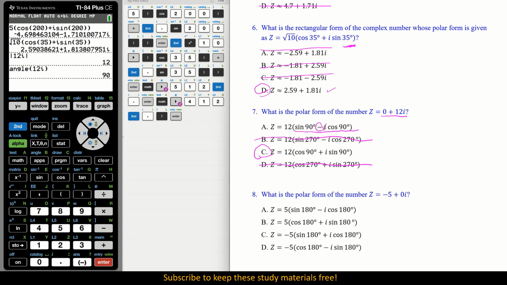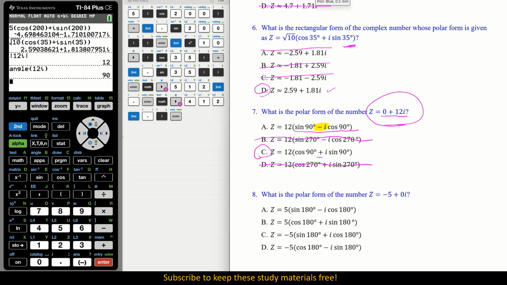That's not going to work. If we rewrote this, it would be absolutely in the wrong form. It's negative i cosine. So what I'm saying is, if I put minus instead of a plus, and I put C into the calculator with the minus, it's going to pop back this.